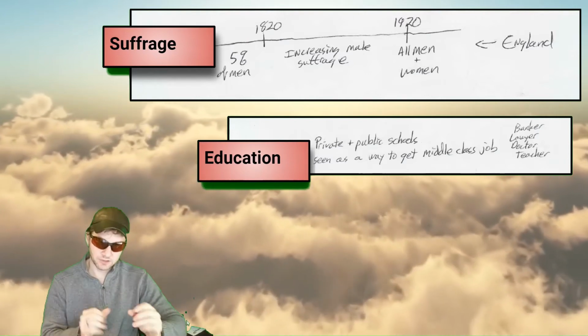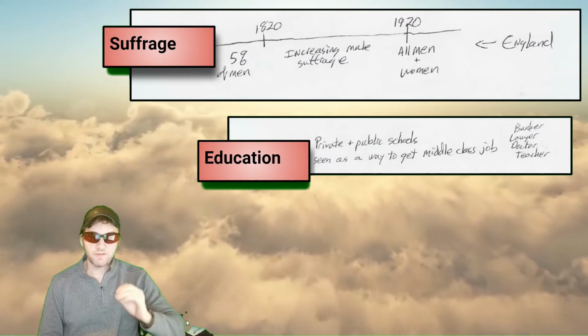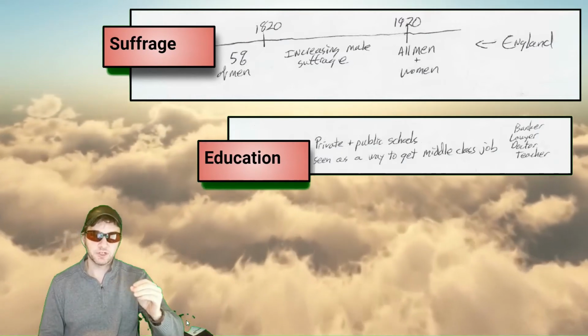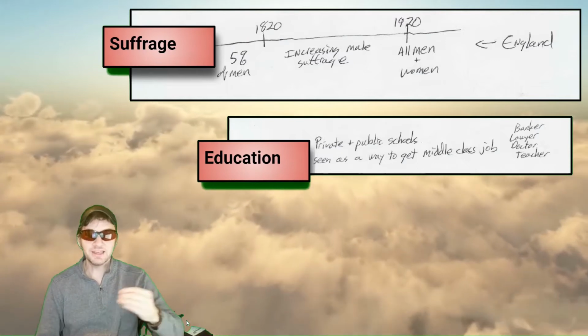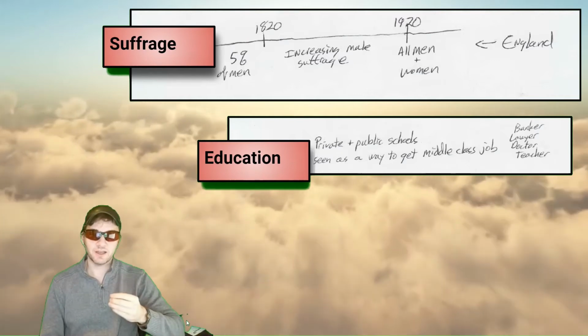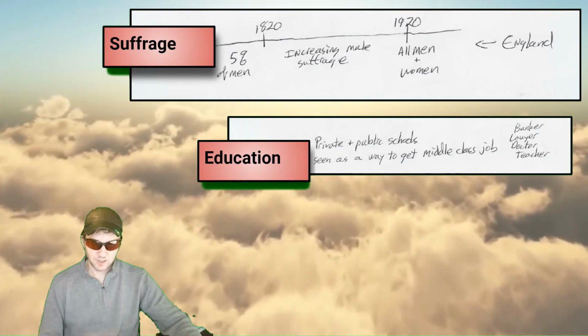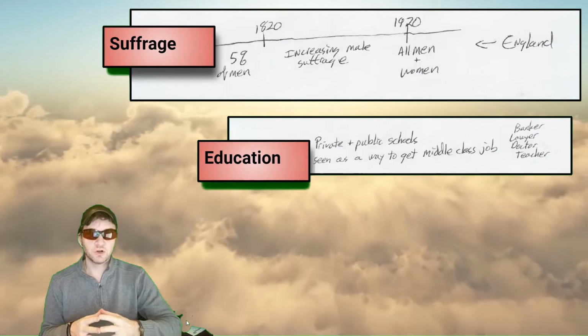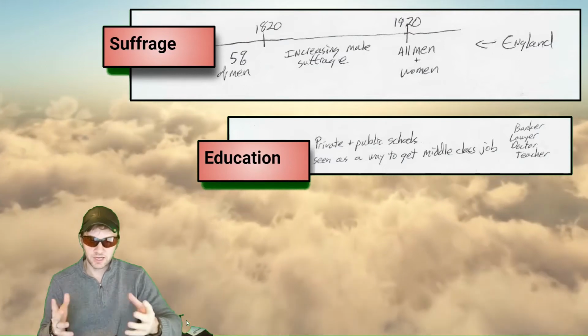Well, now fast forward into the Industrial Revolution, right? We have many different jobs, middle-class jobs, okay? Many different jobs that would need something that isn't farming or isn't something that could be taught on the job, okay? Technical or tech training. Certain middle-class jobs like banker, lawyer, doctor, teacher.